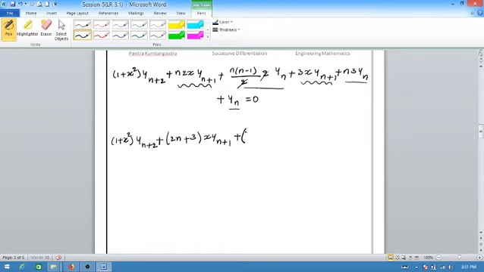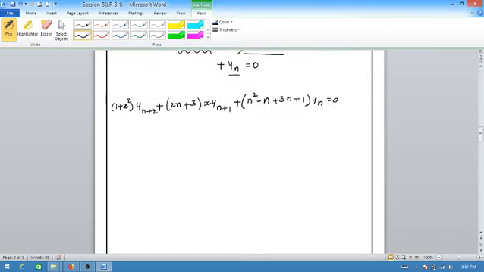So if I take yn common, n into n is n square, minus n into 1 is minus n, right? yn is common, I have taken, plus 3n is left, in the next term plus 1 into yn. So that is equal to 0.